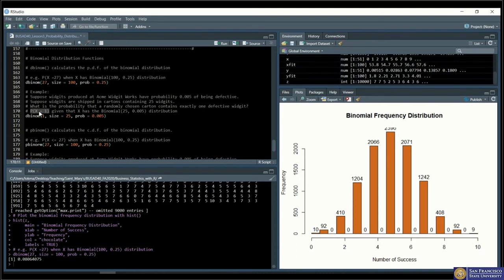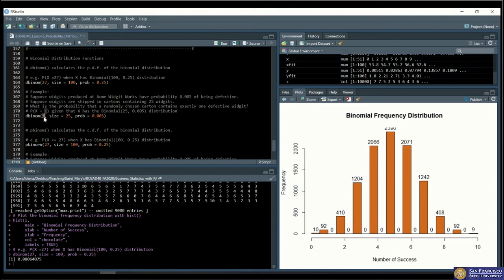Given the binomial distribution we just described, we are going to do 25 trials because every carton has 25 units in it. Every time we open a box, there is a 0.5% chance there is a defective product in the carton. So again, I'm going to define this binomial function.